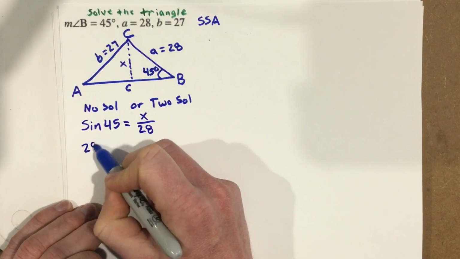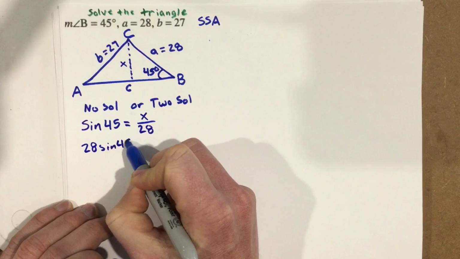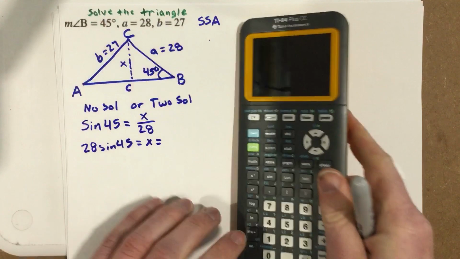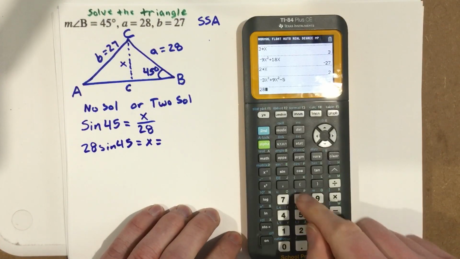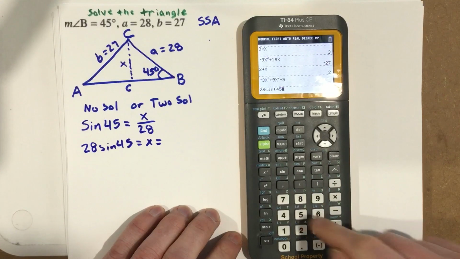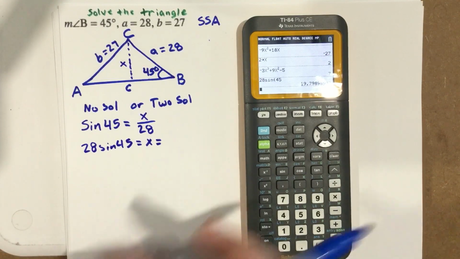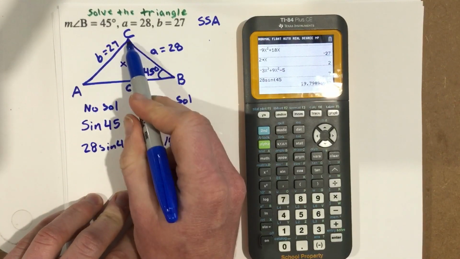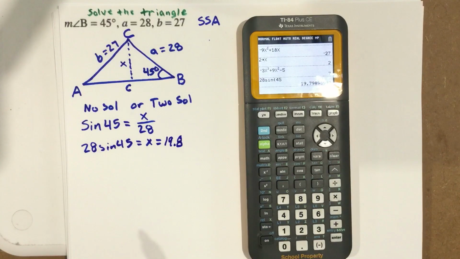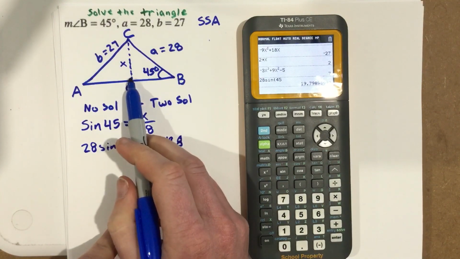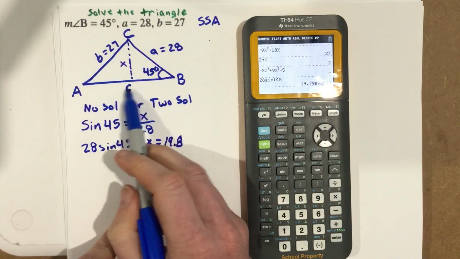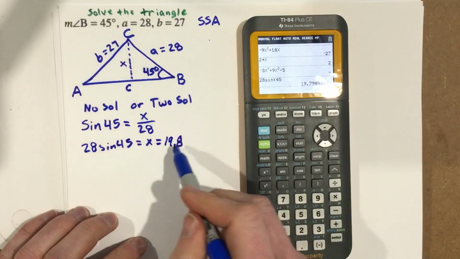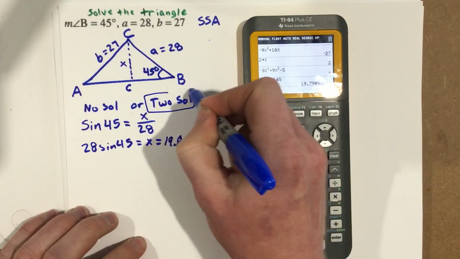Multiply the 28 over, we get 28 sine 45 equals x, which is 19.8. So the smallest possible side length for B is 19.8, which would give you the right triangle. If you get any smaller than 19.8, this side comes off of side C and isn't touching it, and it's not a triangle. So in this problem, because 27 is bigger than 19.8, we have a 2-solution problem.